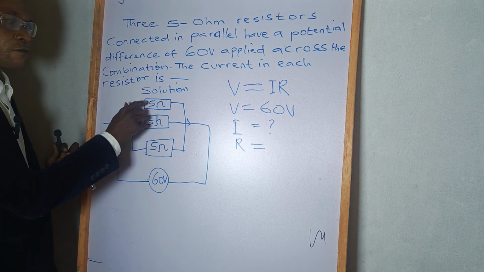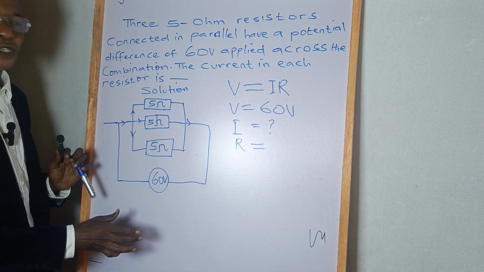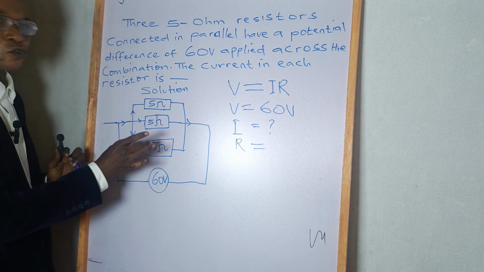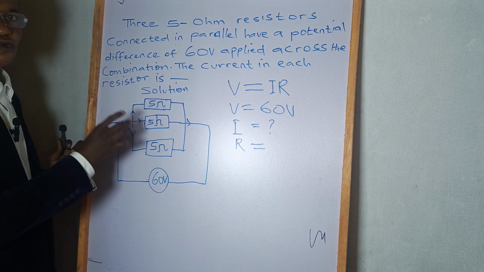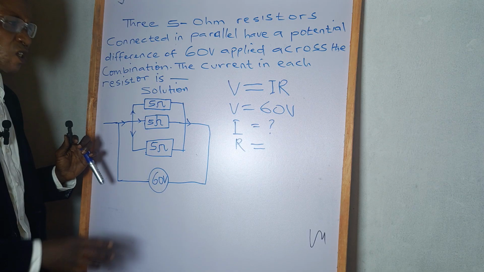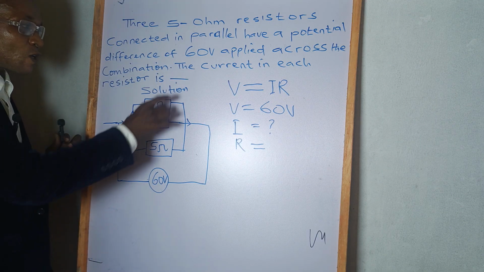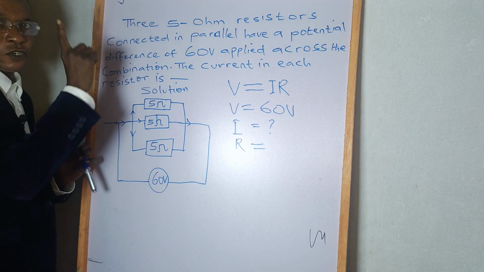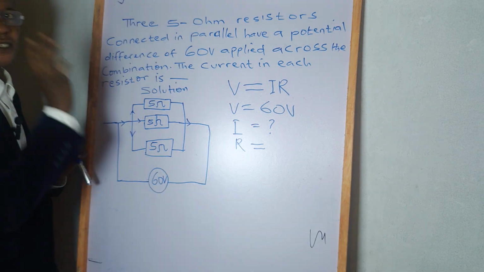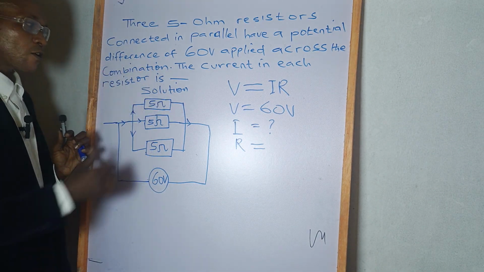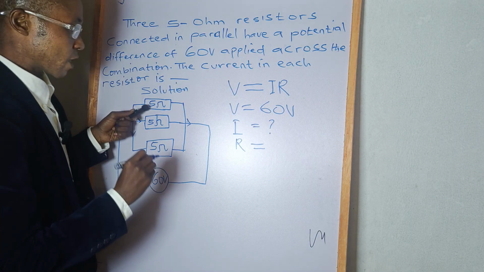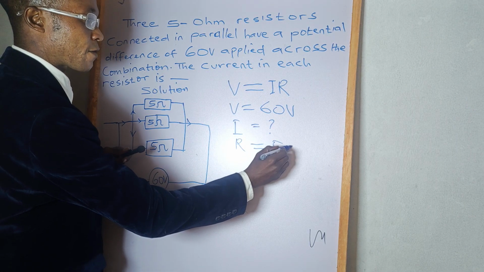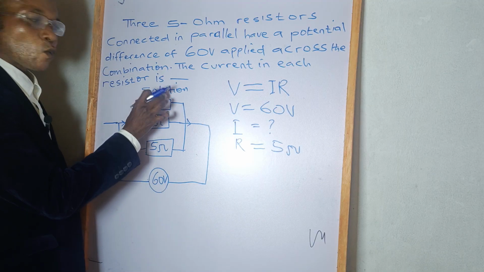But because the resistors are of the same value, the same amount of current flows into each of them. As a result, we are looking for the current in each resistor, not the total current in the circuit. So now your resistance is 5 ohm, that is for only one.